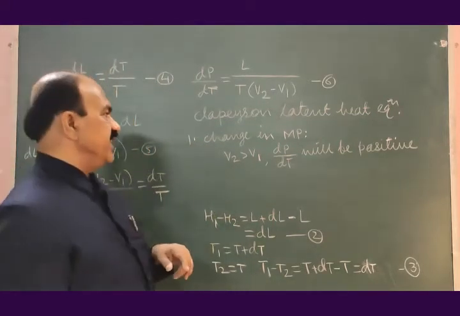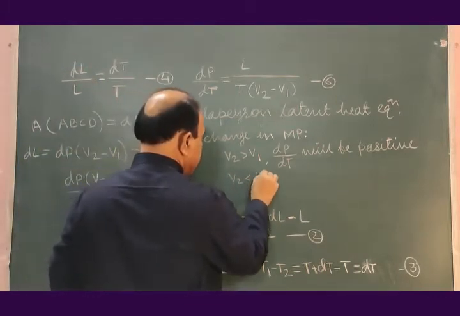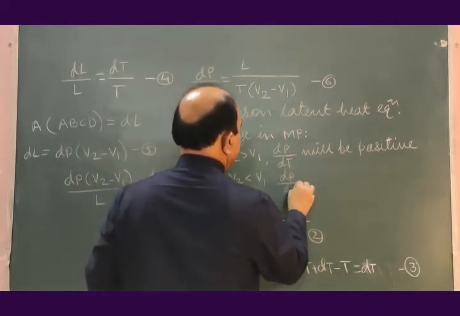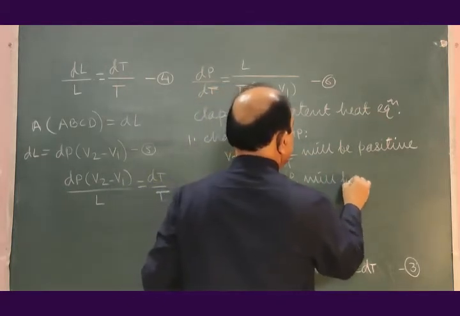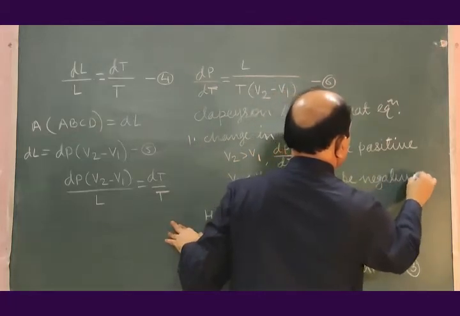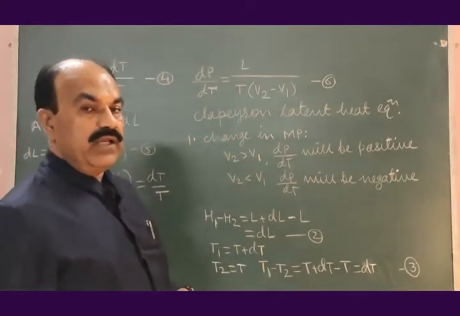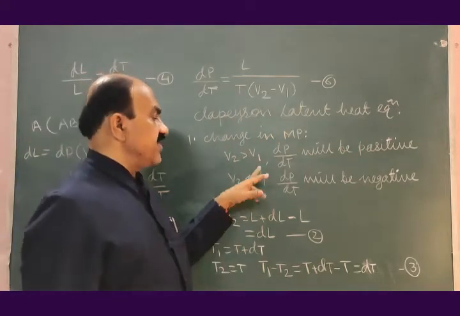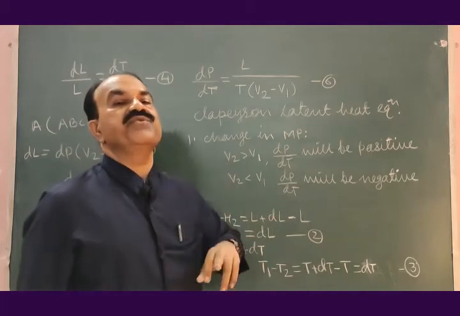Second thing, if V2 is less than V1, what will happen? dp by dt will be negative. Volume at point A, V1 is larger, volume at point B, V2 is smaller.